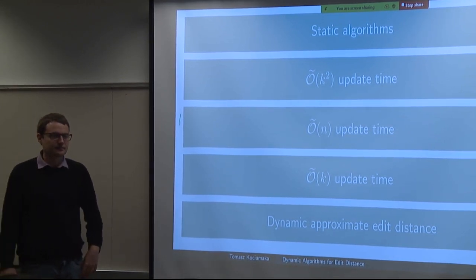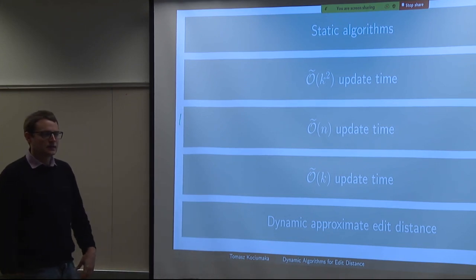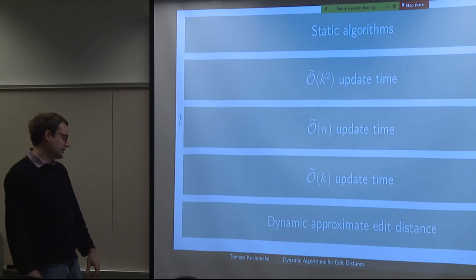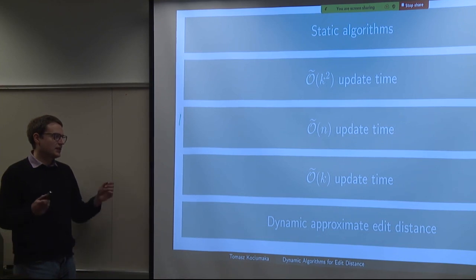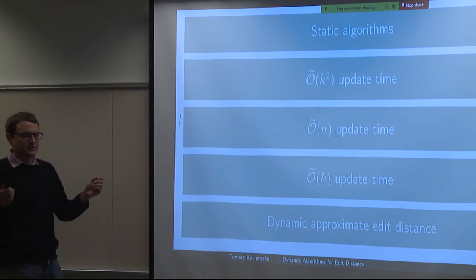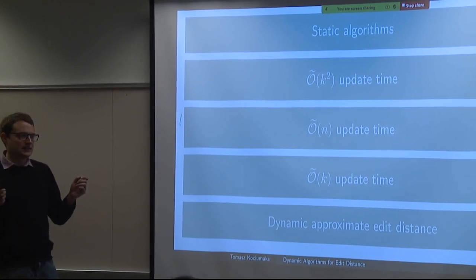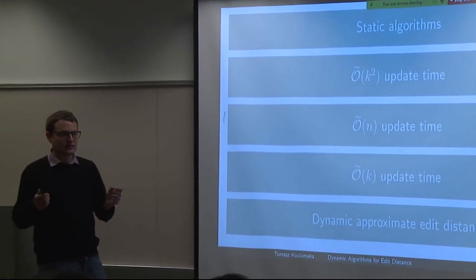So do you have any lower bound showing that the order of k update time is tight? It is tight, and that's because, again, you can start with a string of all zeros, which is not very interesting, and then you can add a worst case instance of size k.